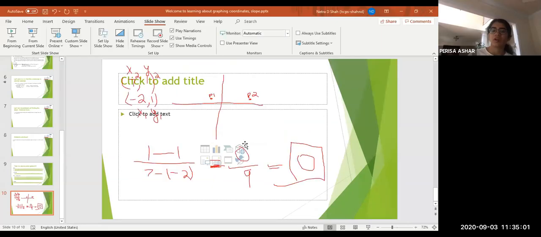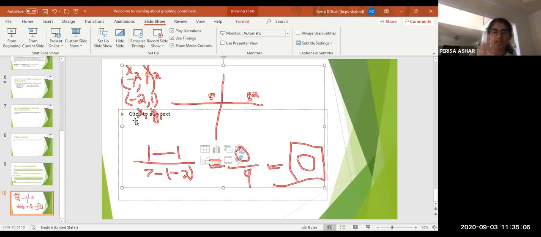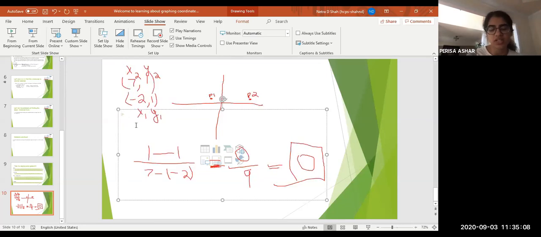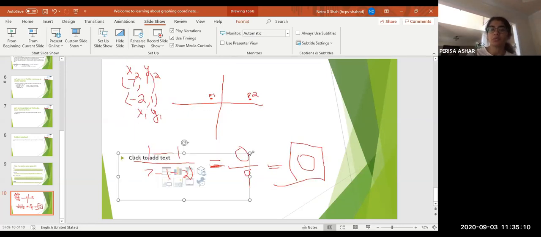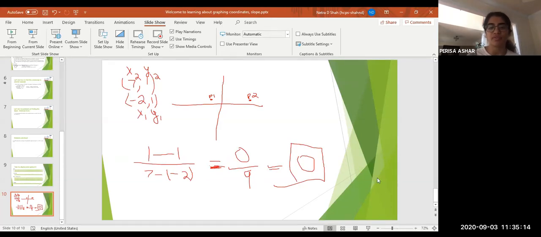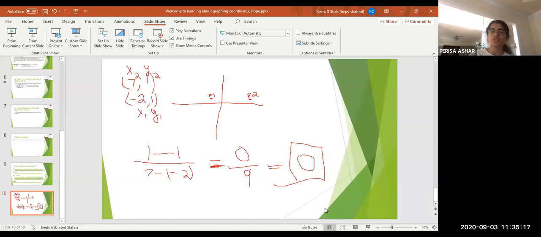Yeah, I was going to say a lot of them put the answer undefined. Just as an interesting note, a slope is undefined when the denominator, or the bottom part of the fraction, equals 0. Say instead of minus 2, the other point's x was 7.